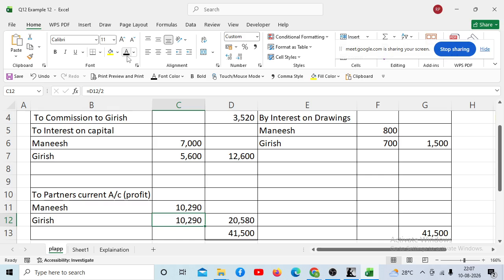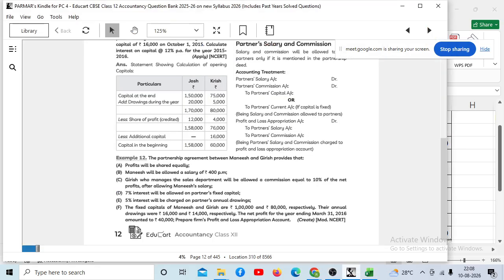Yes, done. Is this much enough for today? Sir, why did we write it in the current account? Because here it is mentioned in the question that the capitals are fixed. So if the capitals are fixed, that means they are following the fixed capital method.